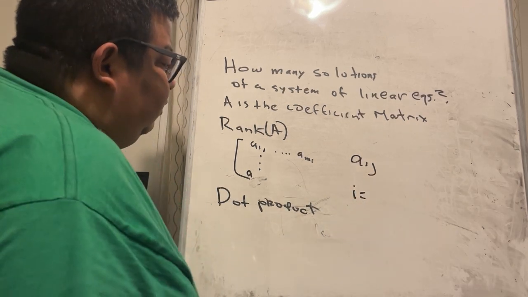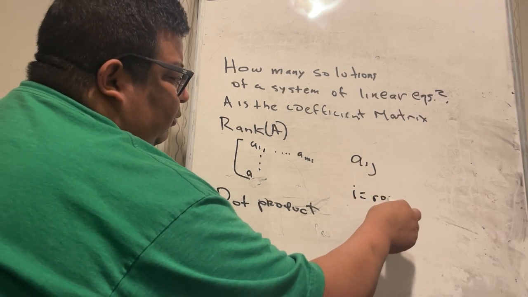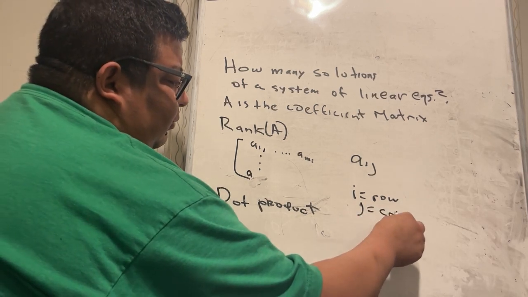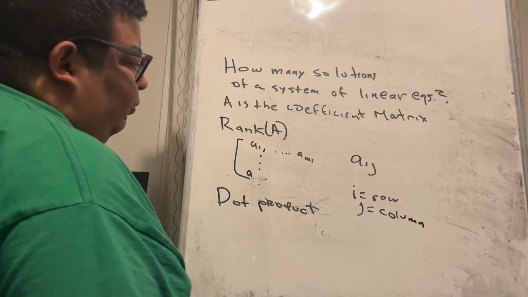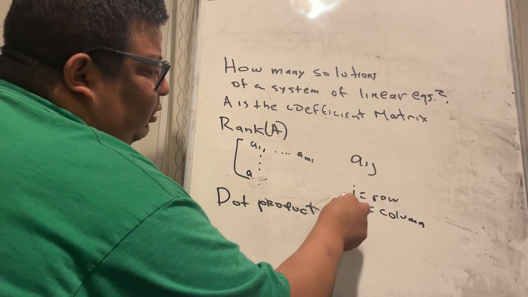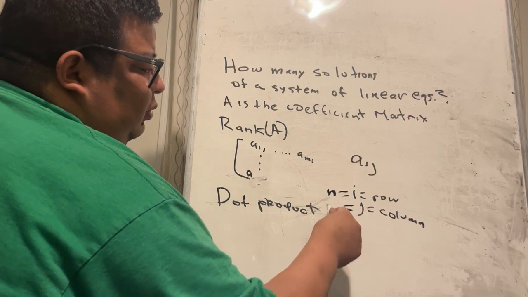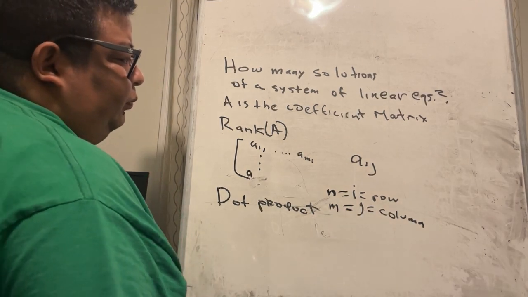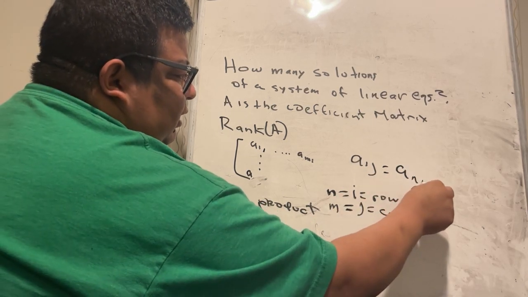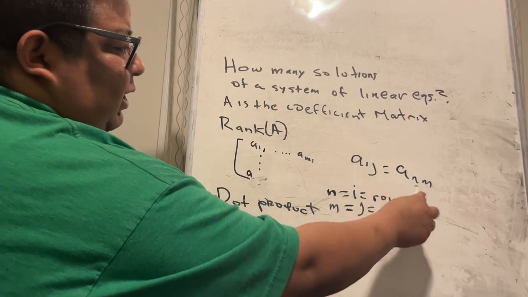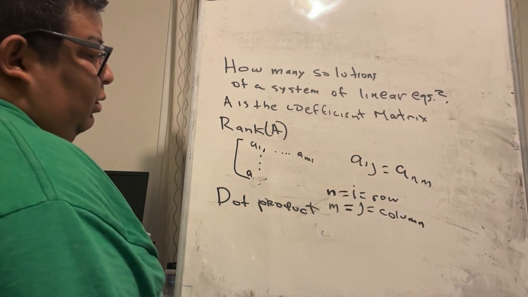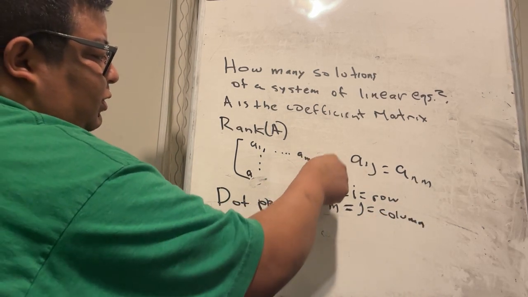where i is equal to the row and j is equal to the column. In this case, we're using n and m, so i will be your n, and j will be your m. So this will be your nm entry. This represents any entry on the coefficient matrix.